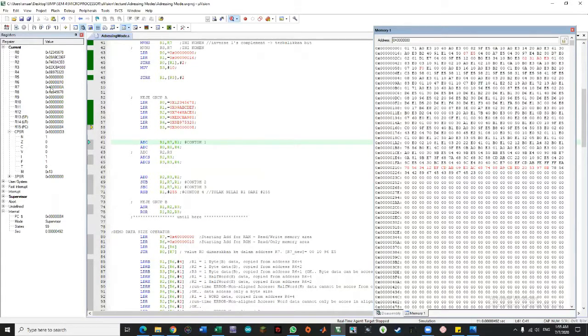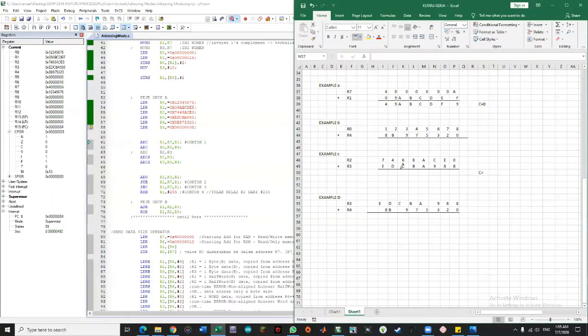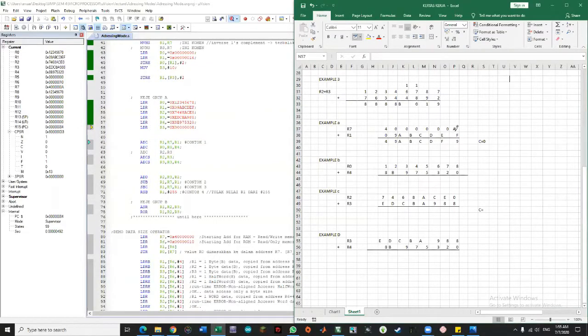So we can see that from my manual calculation, the carry is 0. As we can see here, 4 plus 0 is 4.